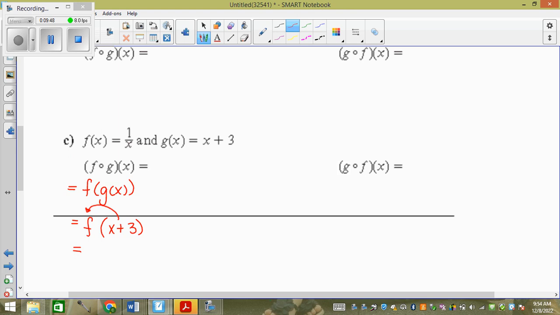Well, f is 1 over x. So I take this x, I toss it across the room with like a football throw, and I get 1 over, take the x, toss it, take the x plus 3 and put it in its spot. What do I have to fall behind with? x cannot equal -3.